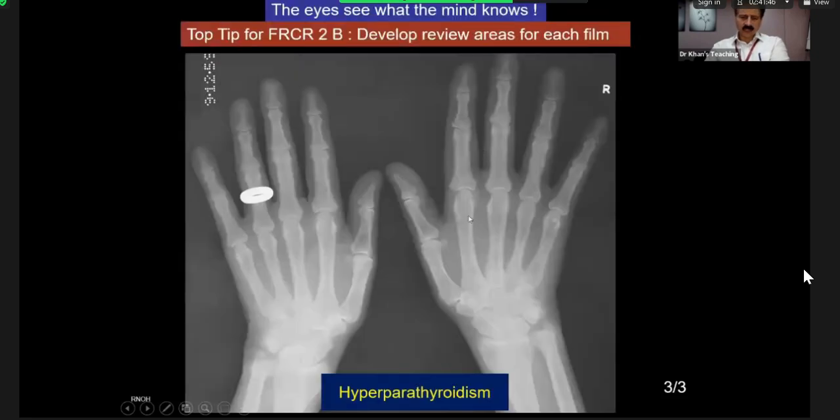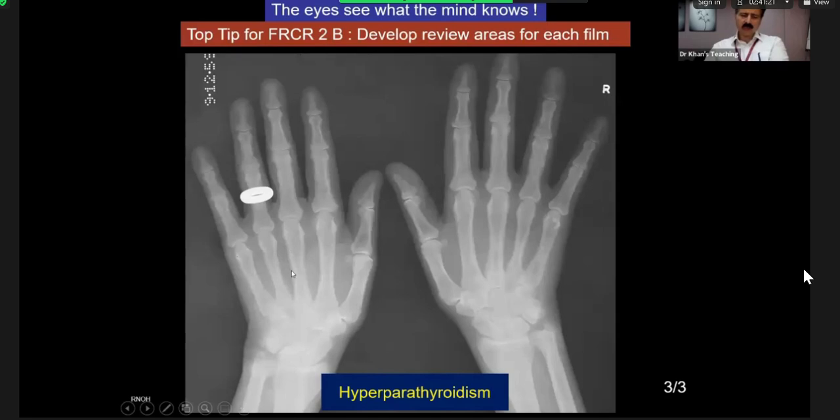So if you see here, what is happening? This is a classical finding, absolutely classical exam finding of hyperpara, where on the radial side of this phalanx you can see this ill-defined fuzziness, and here also, and here also, and here also. You can see it particularly well on this one, where it is crisp and sharp.